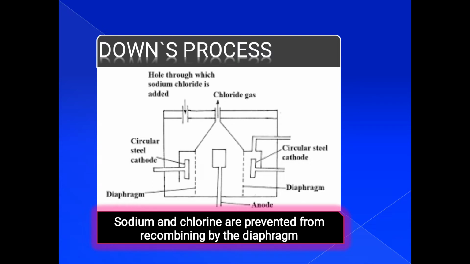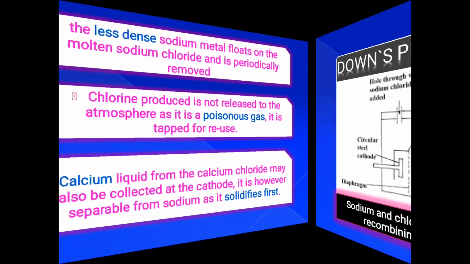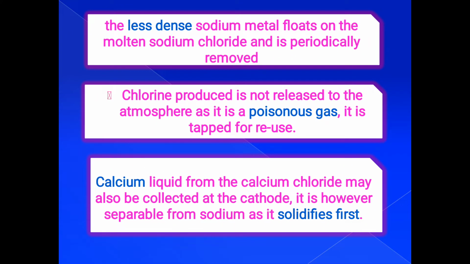Now we look at another point here: the chlorine produced is not released to the atmosphere as it is a poisonous gas. Chlorine is a very useful gas. It has a number of uses, and being useful and also poisonous at the same time, we don't release it to the atmosphere, because once released, it is inhaled by human beings or any other living thing and causes a lot of irritation.